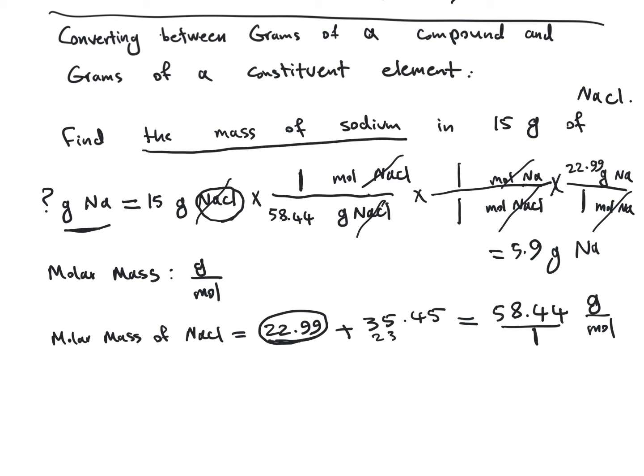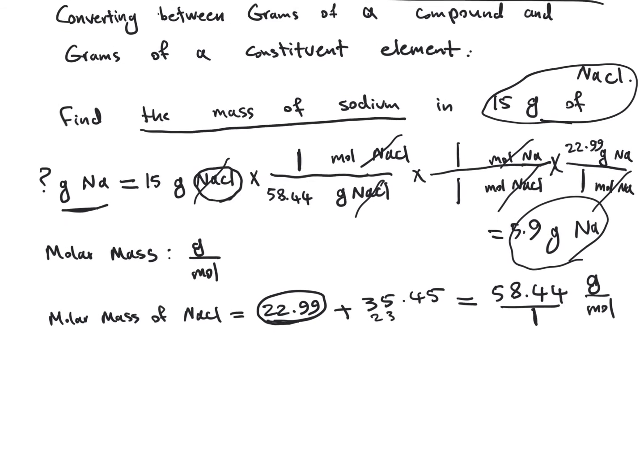The amount of sodium chloride is 15, so sodium in that compound should be less than that, right? This is how you can see if you made a mistake. One of the answers can be 59 gram, so you can look at it and say, okay, this is not the right number. You can go through the mistakes I made in the previous session and see, does the number that I'm getting make sense?